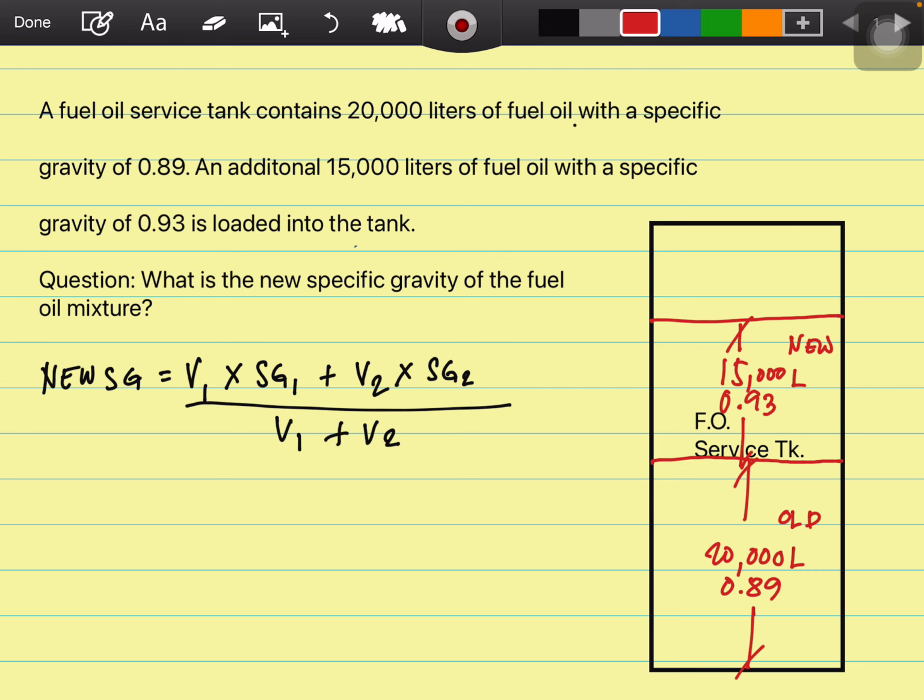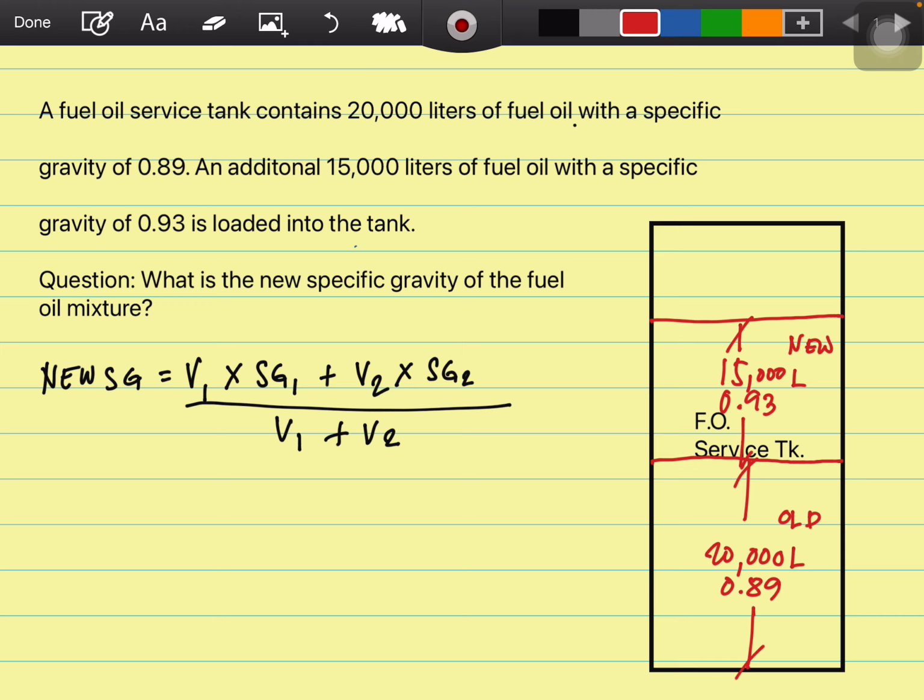So let's analyze the question: where is V1? What is SG1? What is SG2? What is V2?